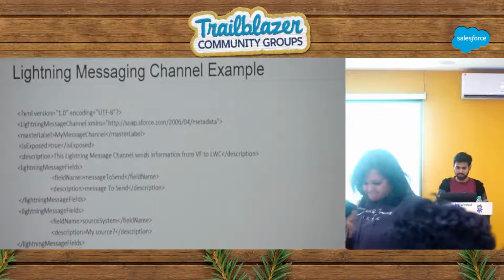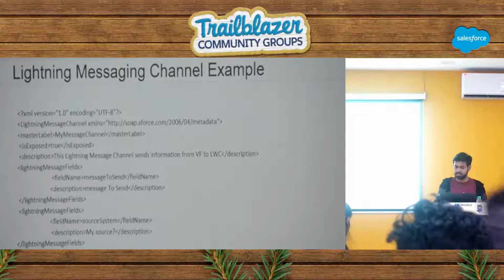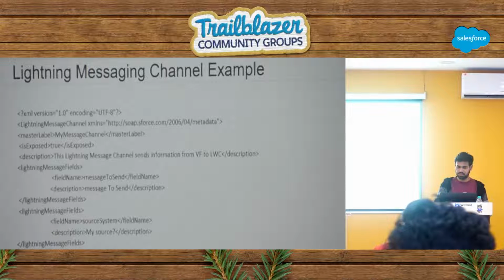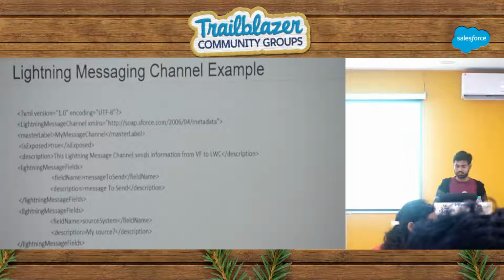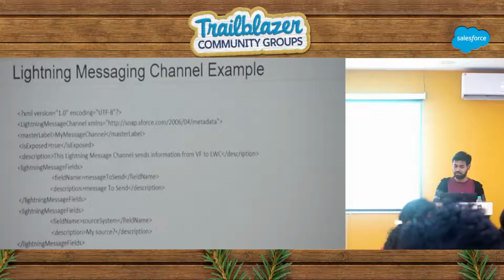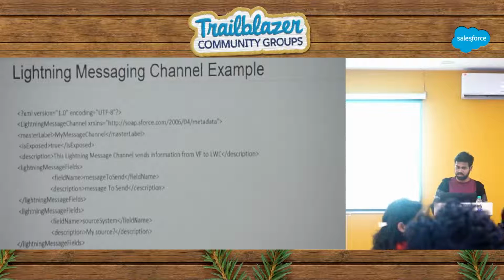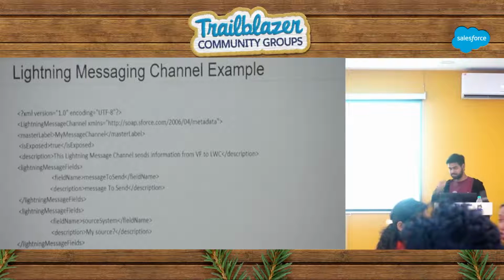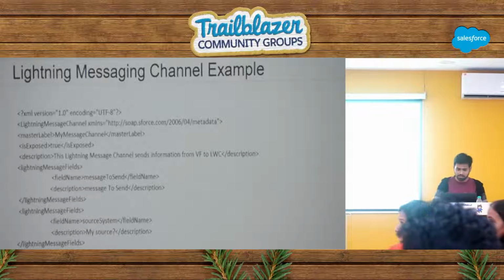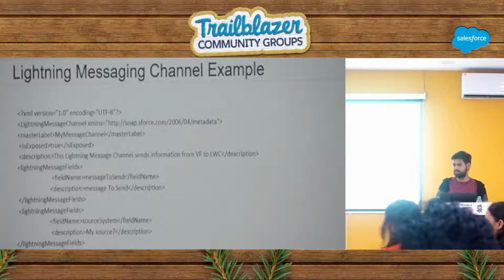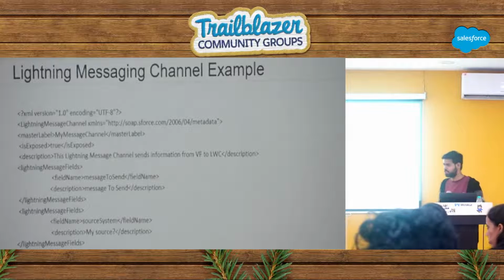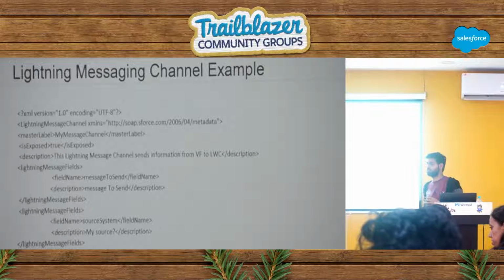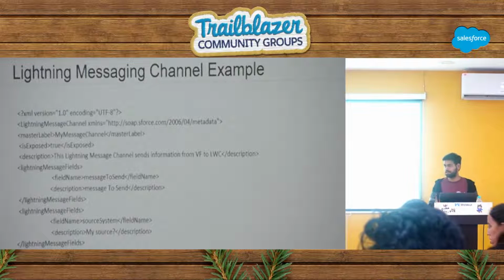Like this, I have created a Lightning Message Channel here. The Lightning Message Channel structure should be the same: it must have a master label, an isExposed tag, and the lightning message fields. We can create lightning message fields in a Lightning Message Channel to define what kind of information we pass through the Lightning Message Service.